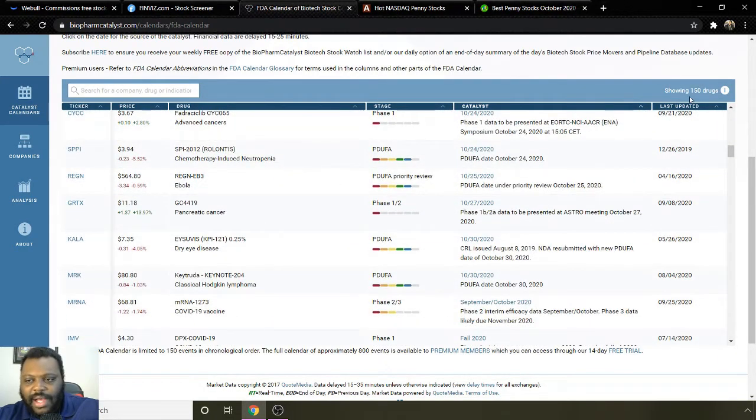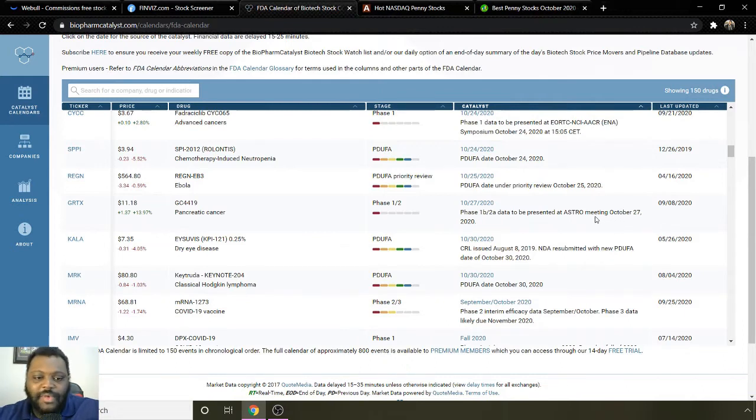It says 150 drugs showing, so it's basically 150 different companies and 150 different updates, with the calendar on when it was last updated, and also the catalyst on when it's supposed to give an update. Like this company right here, ticker GRTX, we can see the stock's only $11.18, and they're going to come up with a pancreatic cancer study, and it says they're having a meeting presented at ASTRO on the 27th, 2020.